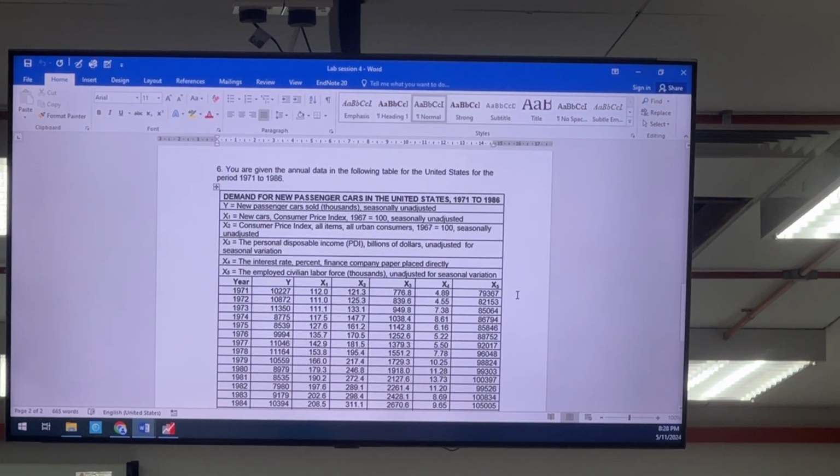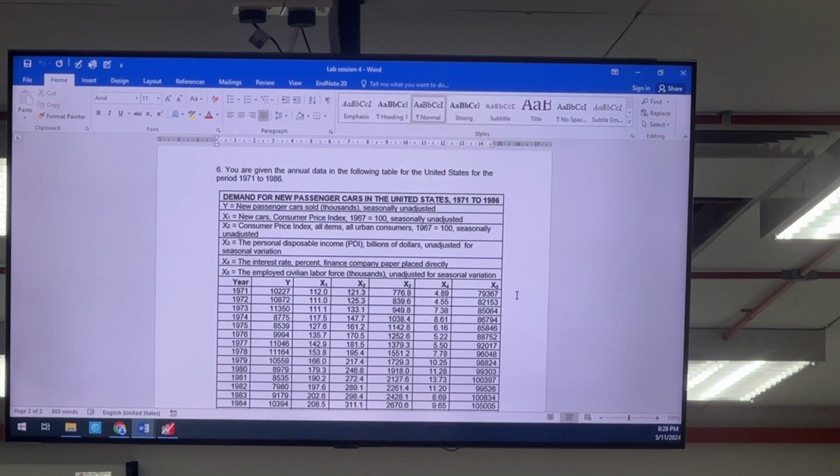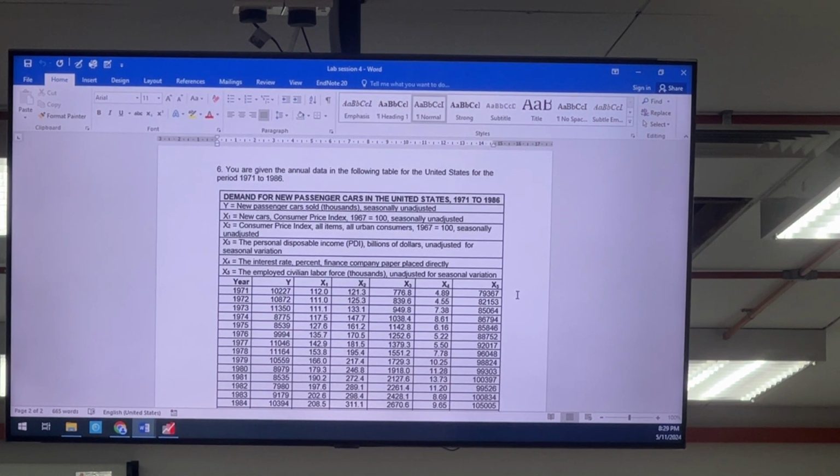Question number 6. So we have an example of 5 independent variables in the model. Our dependent variable is new passenger cars sold, so sales of cars. X1 is the CPI for new cars only.